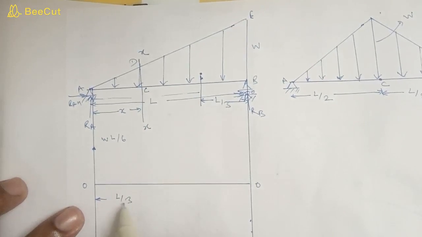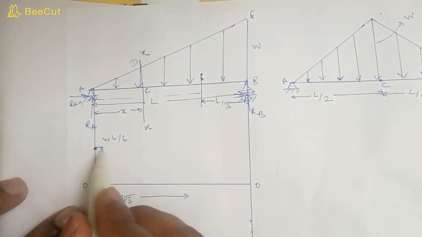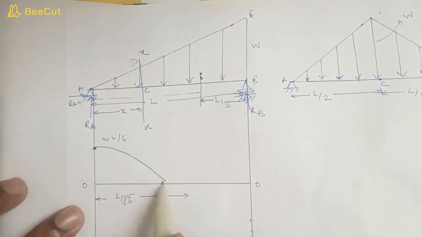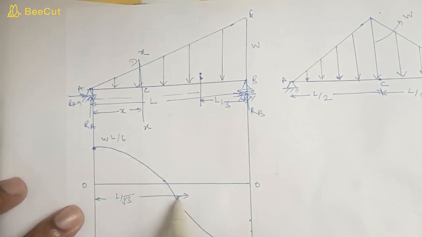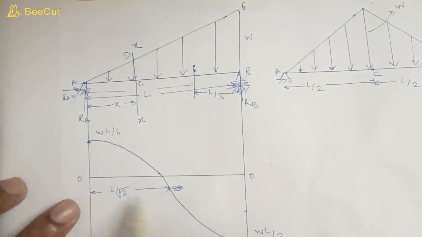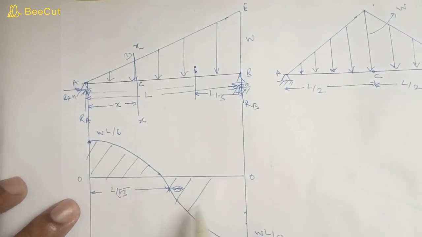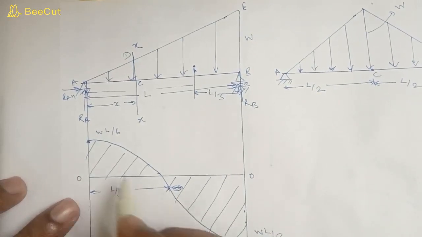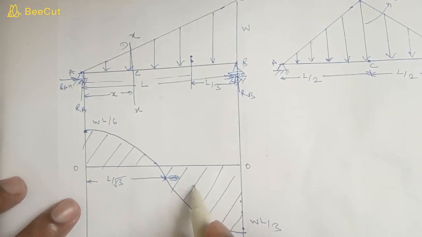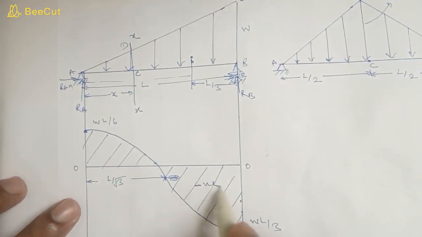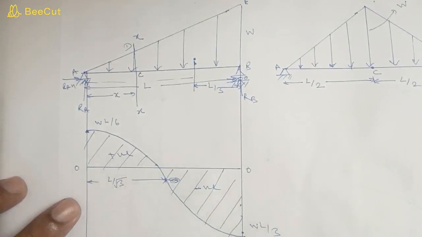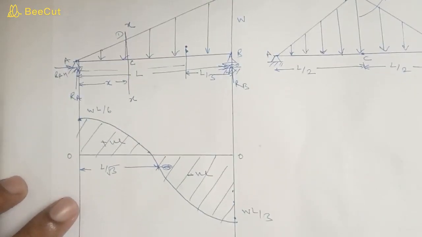This distance is L by root 3, and we can draw a parabolic curve. So this is the shear force diagram. This will become negative and this is positive. Okay, hope you understand up to here.